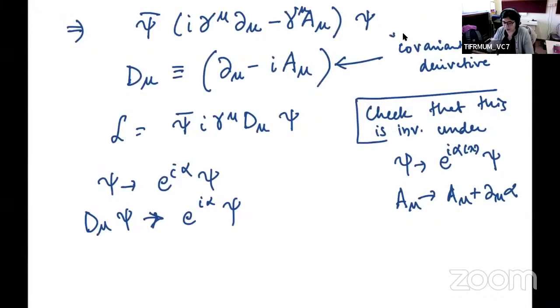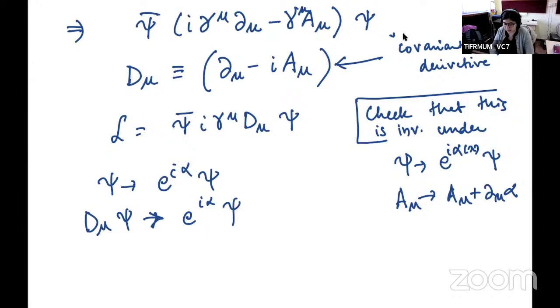Okay. So what I showed you here is sort of a trick of making a global symmetry a local symmetry. You started with a global symmetry, and if you want to make it local, then you need to add an extra vector field that absorbs whatever changes to the Lagrangian your localization is causing.